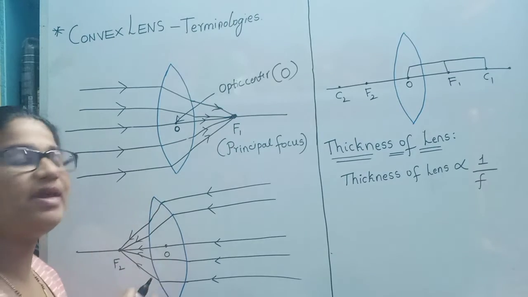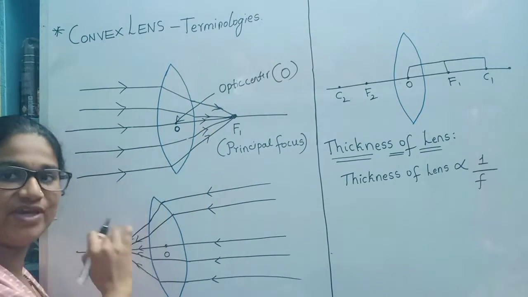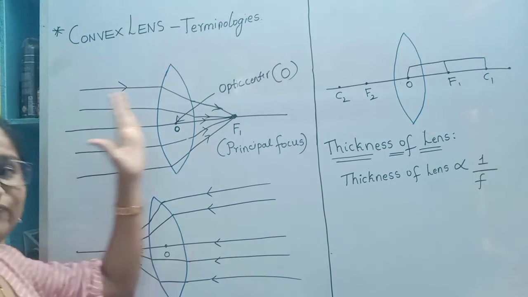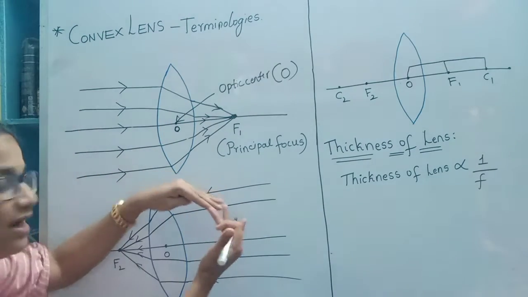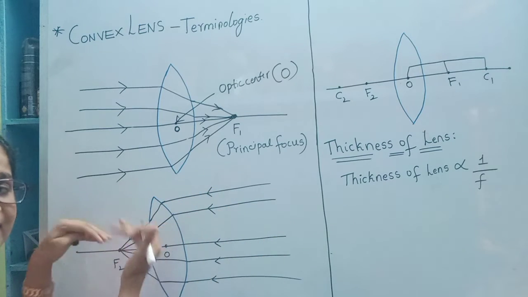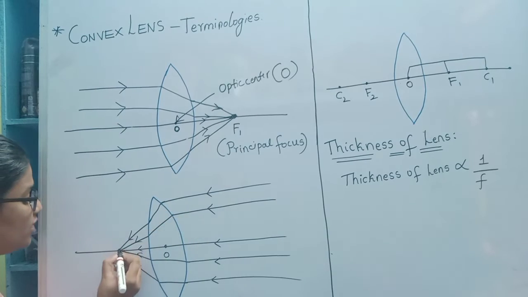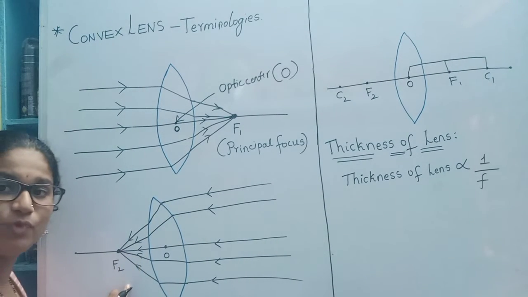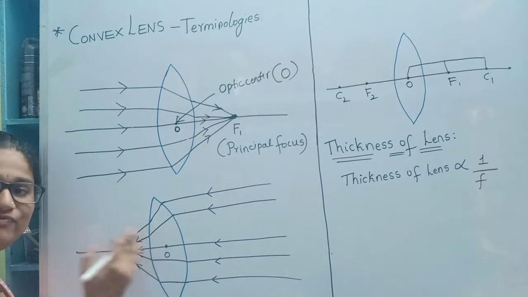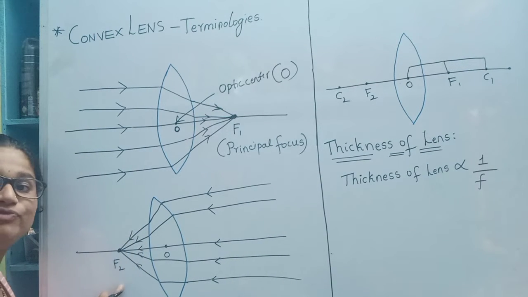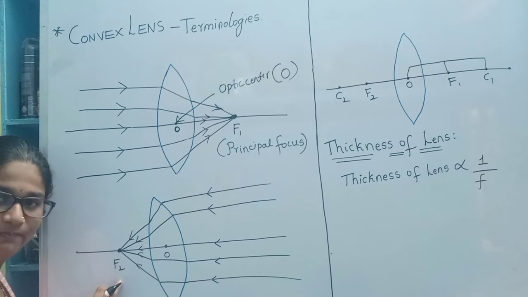As the lens has two refracting surfaces, the parallel beam of light might come from the left side, otherwise when the parallel beam of light comes from the right side of the lens, the converging rays will meet at the other focus on the other side, the left side of the lens. This side is considered F2, principal focus 2.